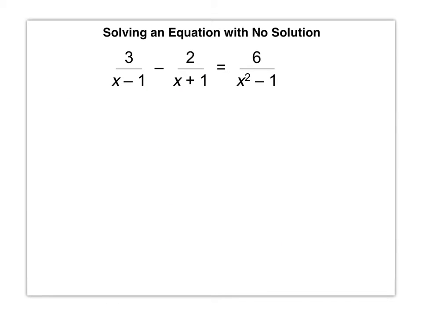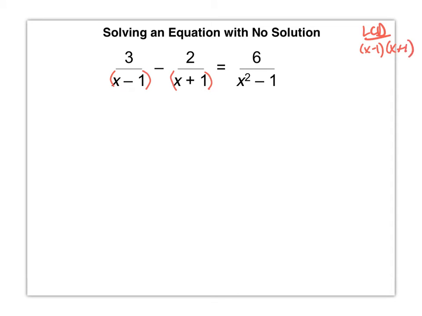All right, let's solve this rational equation by first finding the LCD. The LCD is going to have the factors of each of the denominators. The first denominator is x minus 1, so that is part of our LCD. The second fraction denominator is x plus 1. That's also part of our LCD.